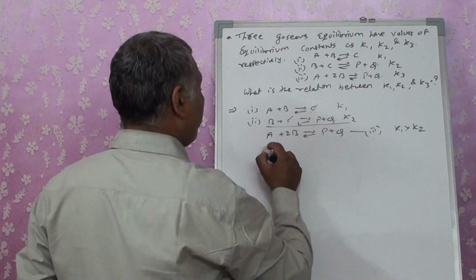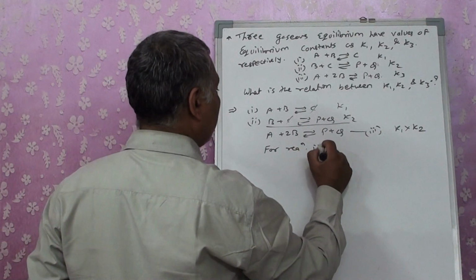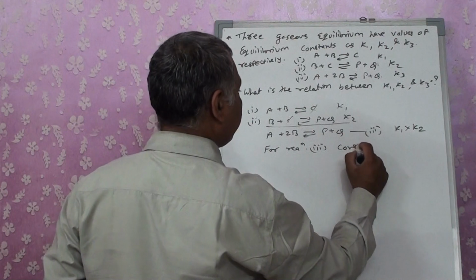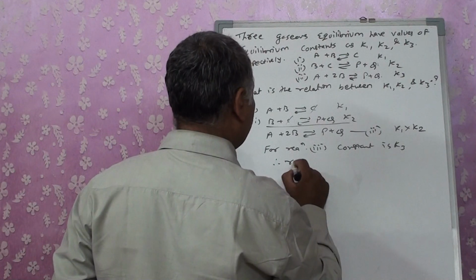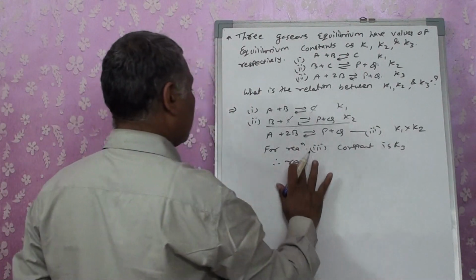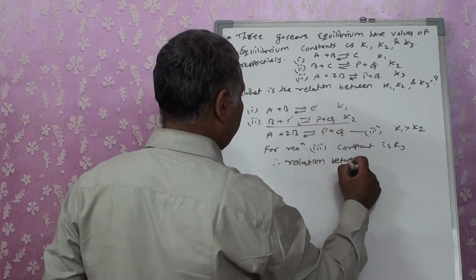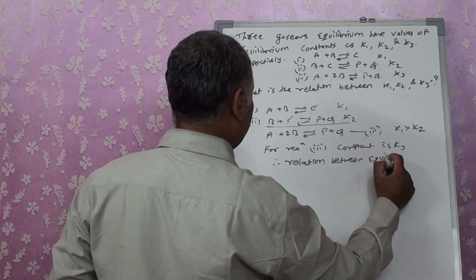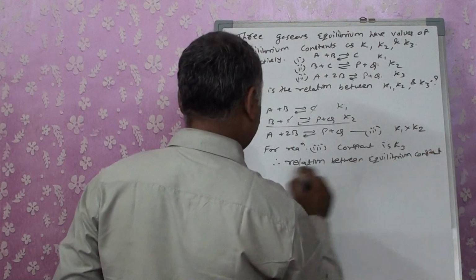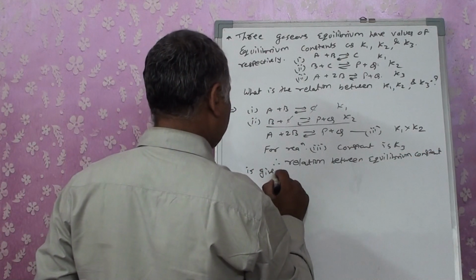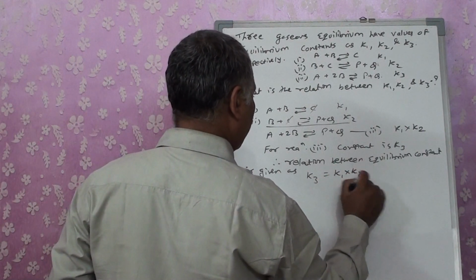So for reaction 3, the constant is K3. Therefore the relation is given as K3 is equal to K1 into K2.